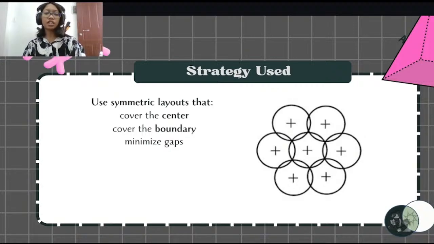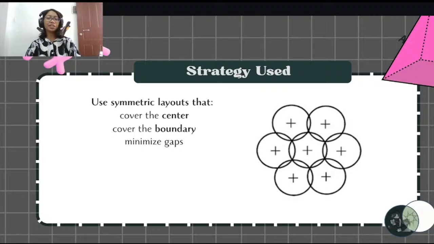What strategy are we going to use for the speaker station? First, we will cover the center of the barangay, meaning the center coordinate of the speaker is the same as the center of the barangay, but with a radius of 500, since the speaker station can only cover within a 500 meter radius.